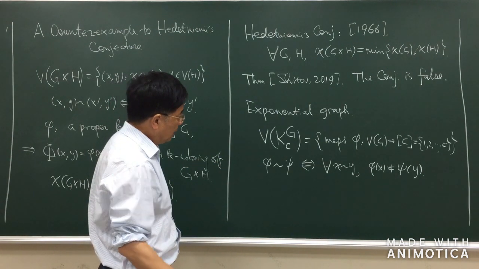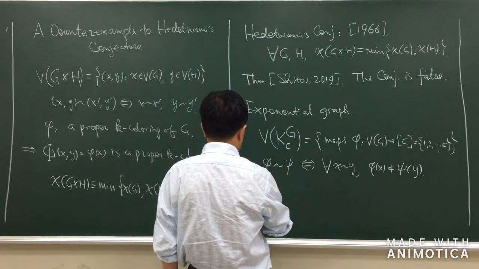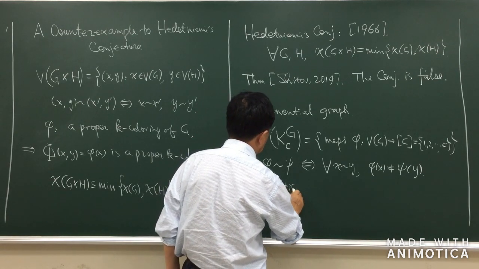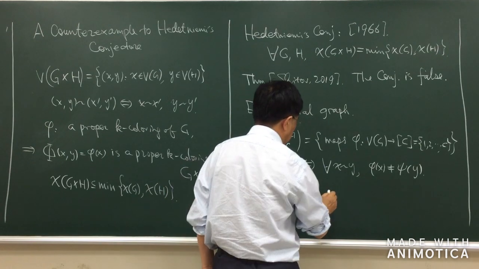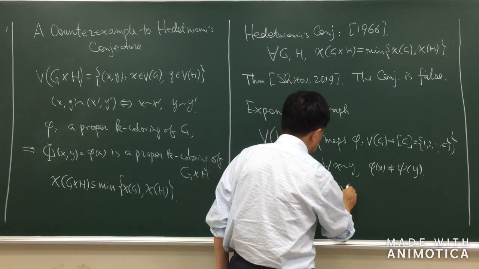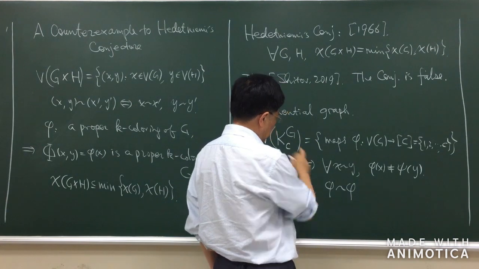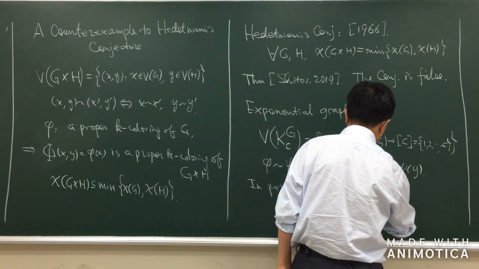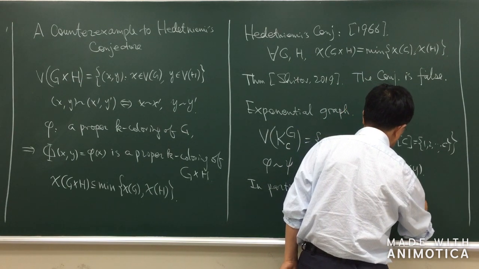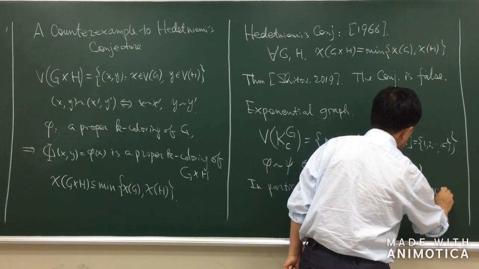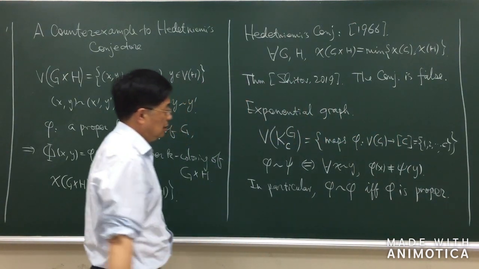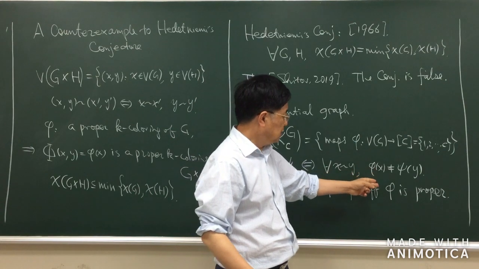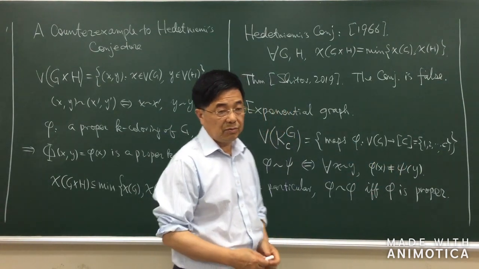In particular, phi is adjacent to phi, that is, it's a loop in this graph, if and only if phi is a proper coloring. So that means for every edge, phi(x) is different from phi(y). So it's a proper coloring.